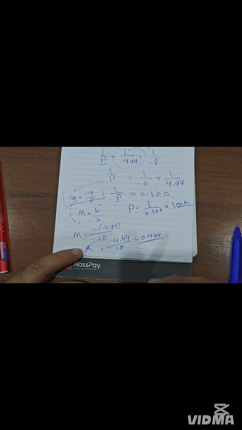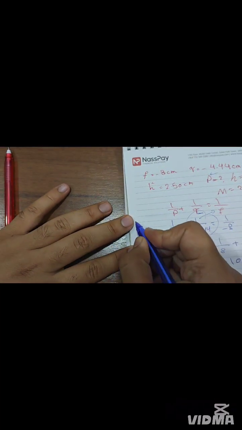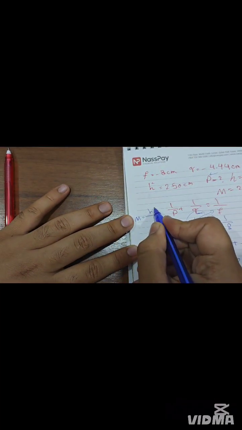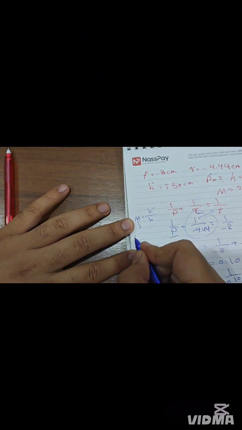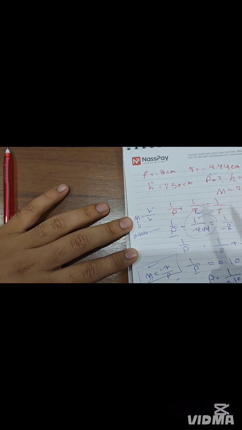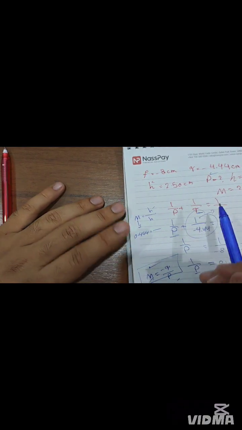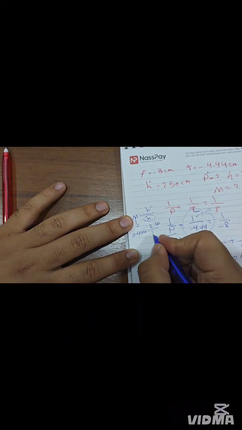We found the magnification, only the height of the object is left. M equals h dash over h. Instead of the magnification, write 0.444 equal to h dash, the image height 2.50, over h, and we are going to find h.